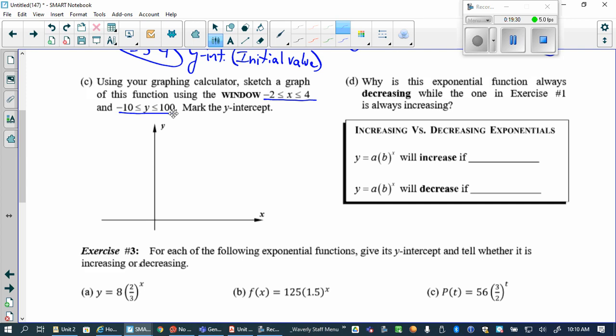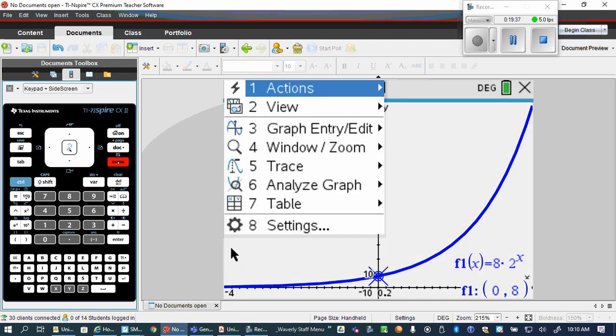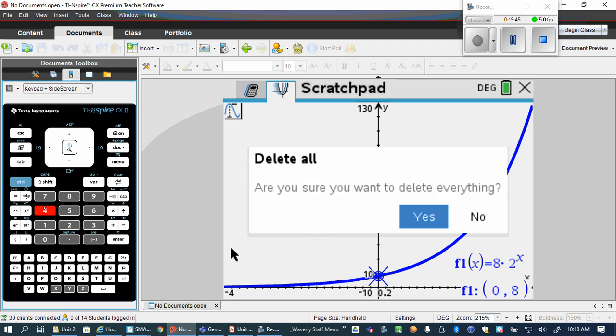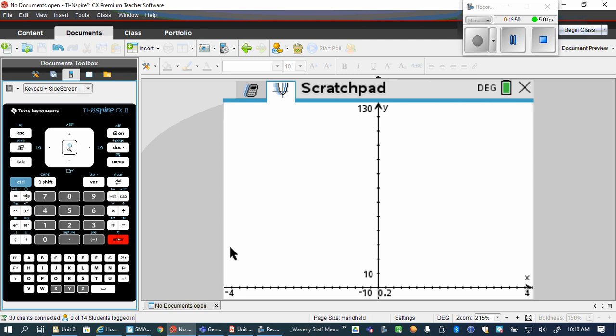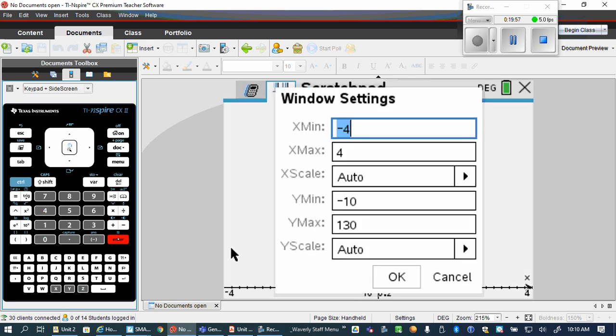So let's go back in here. What I want to do first is clear this out. I'm going to hit menu, actions, and then 4, delete all. That's one way to do it. The other way is to go up and just delete the equation. Now I'm going to hit menu, settings, and we want to go from -2 to 4, oh, there already is.